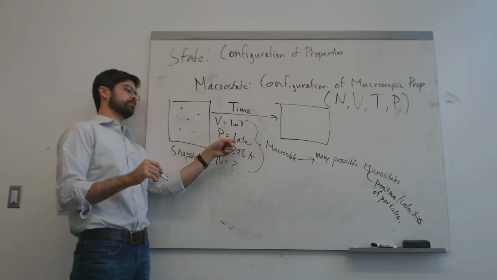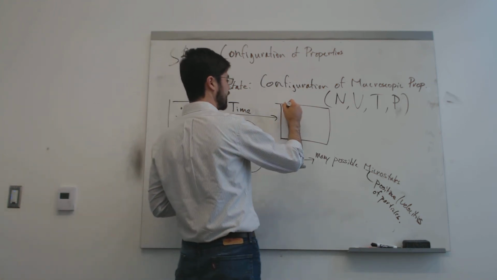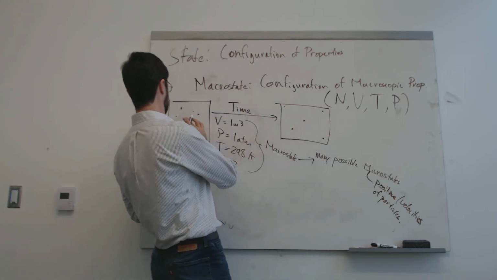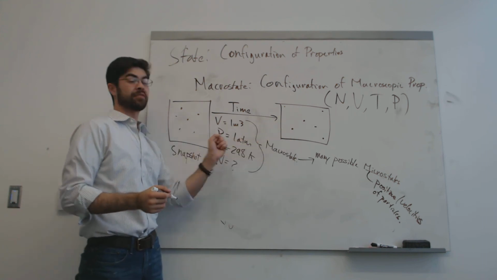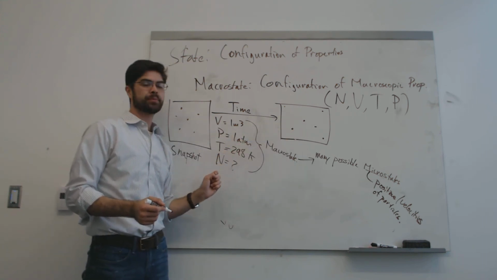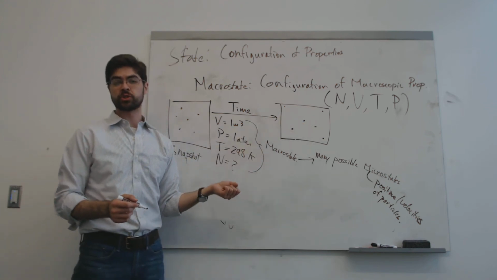So I know its volume, its pressure, its temperature, and the number of particles. But over time, if I look again, it might have the same volume, same pressure, same temperature, same number of particles, but the particles have changed positions over time.